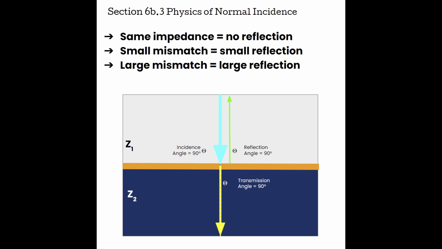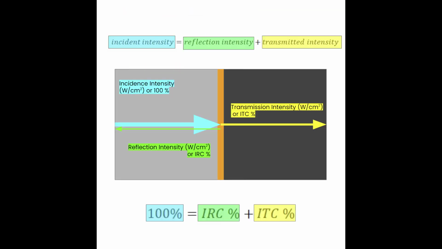So recall that as that sound beam is traveling towards the boundary, it's going to have an intensity, and it really has all the power, all the intensity as it heads towards that boundary. Once it hits that interface, some of that energy is going to return as an echo.